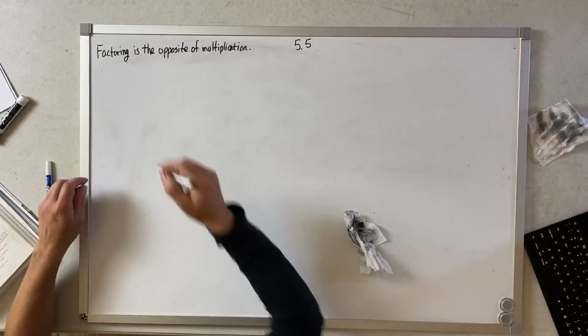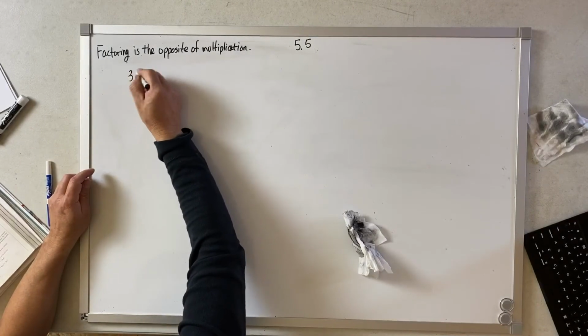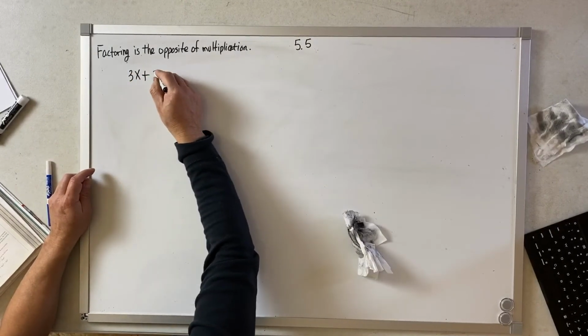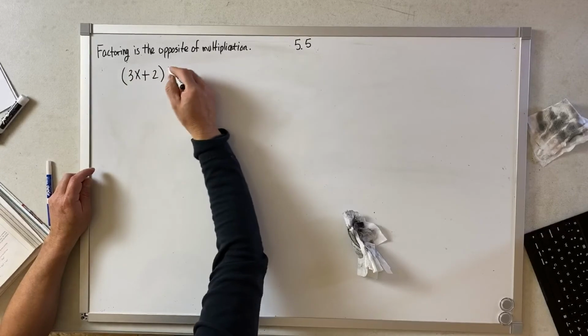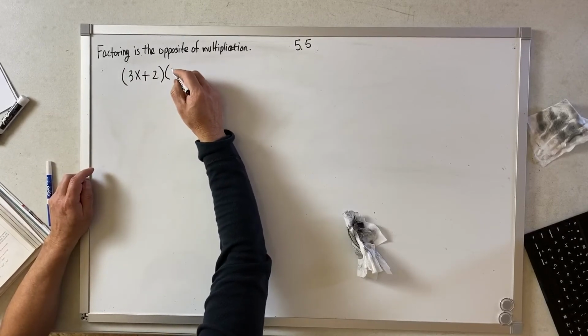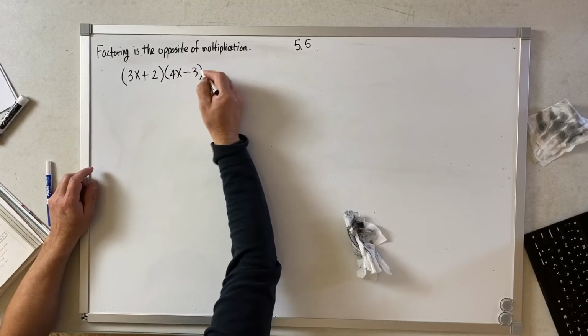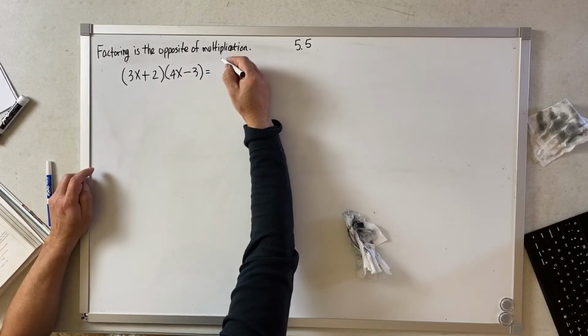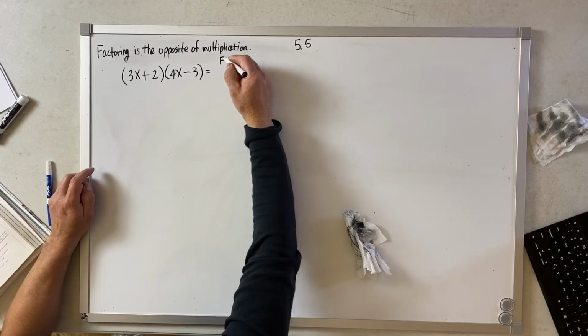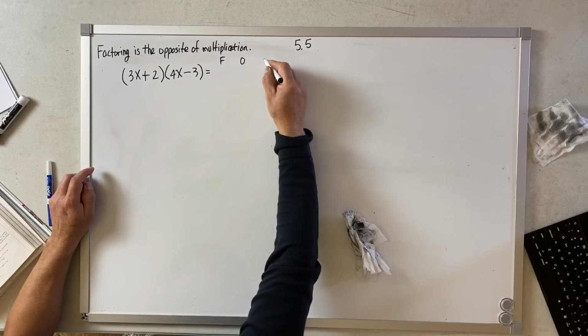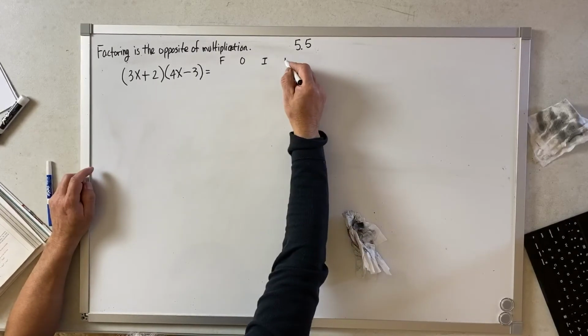So watch, I'm going to multiply 3x plus 2 times 4x minus 3. I'm going to multiply by foiling. First, outer, inner, last.